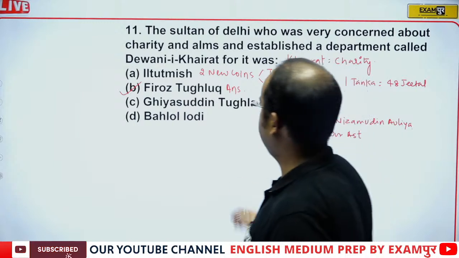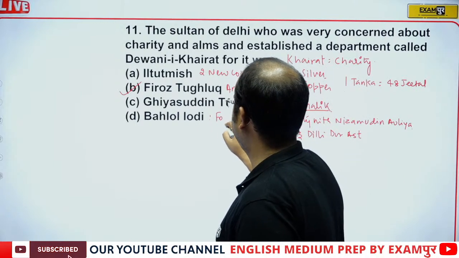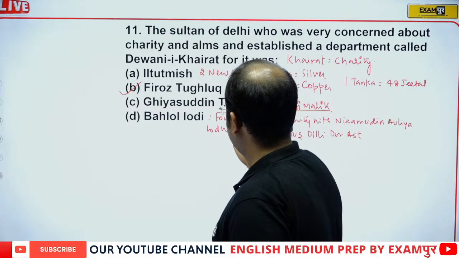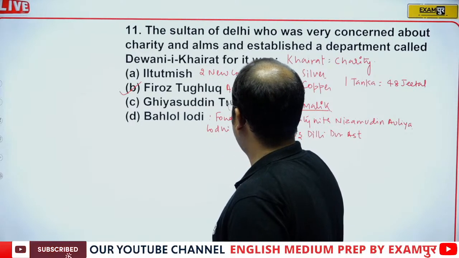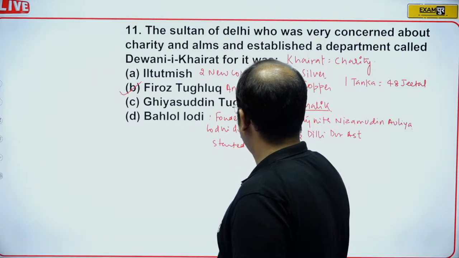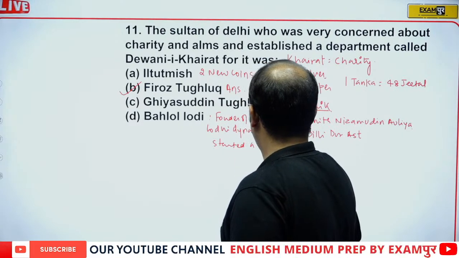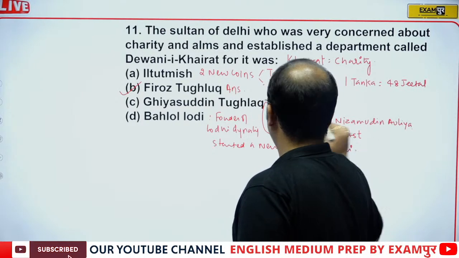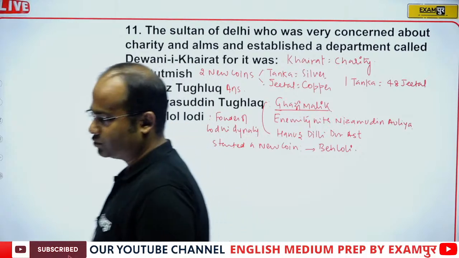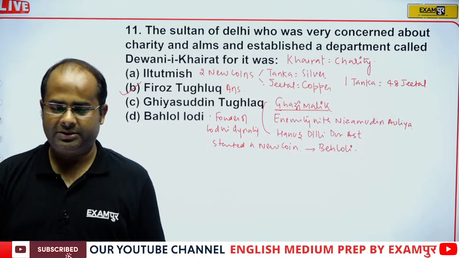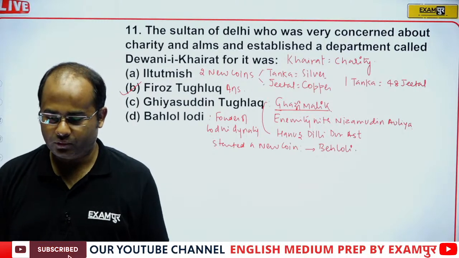And Behlol Lodi was the founder of the Lodi dynasty and started a new coin called Behloli. Therefore, guys, the correct answer will be option B, that is Firoz Shah Tughlaq.